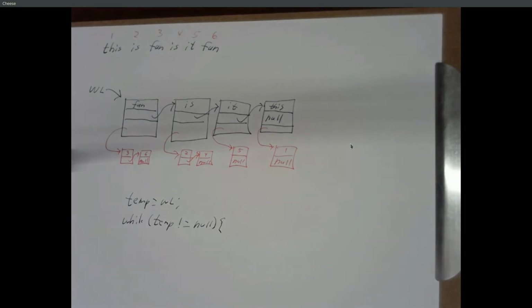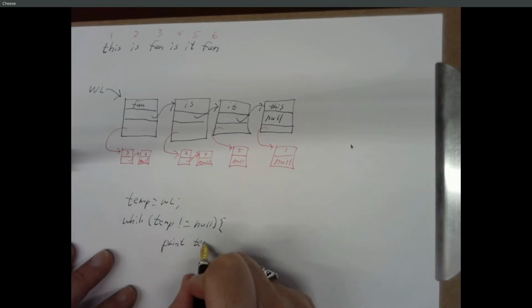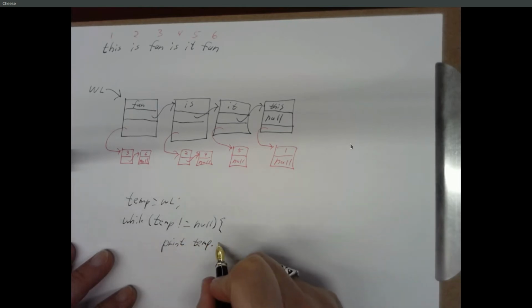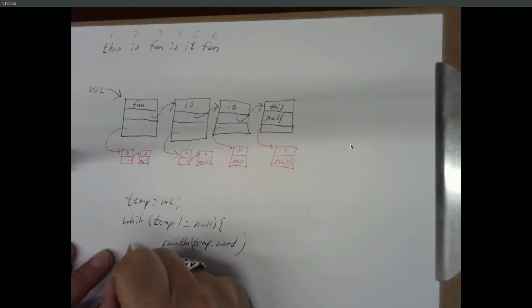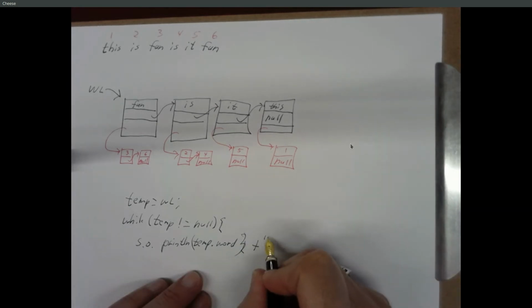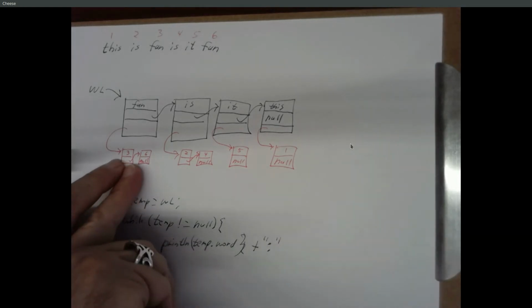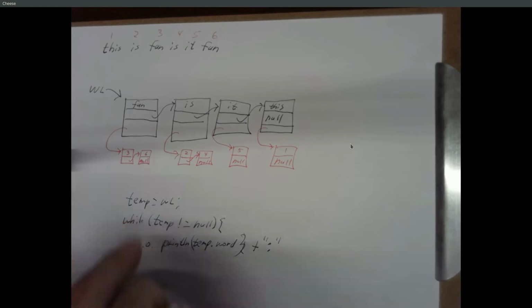Well, what do I want to do? I want to print out temp.word. So we'll do system.out.println temp.word. And maybe I'm going to put a colon after that.